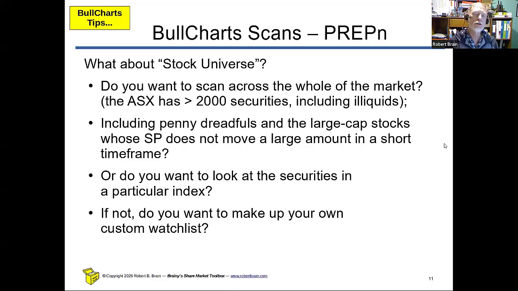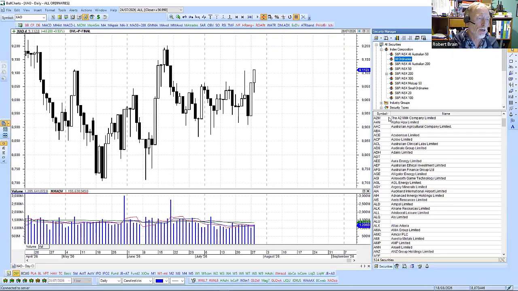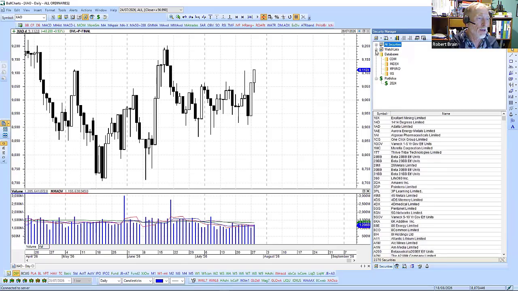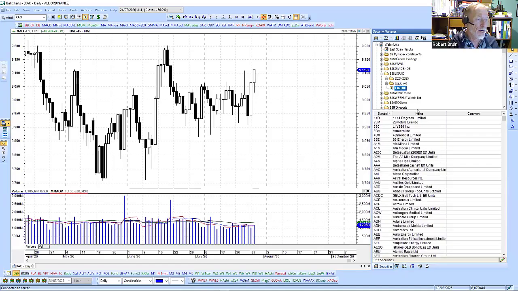If you don't want to scan across any of those particular groups, you might want to make up your own custom watch list. I've got a custom watch list that I regenerate every month. It's this one here. And at the moment, there's 935 stocks, securities in that watch list.